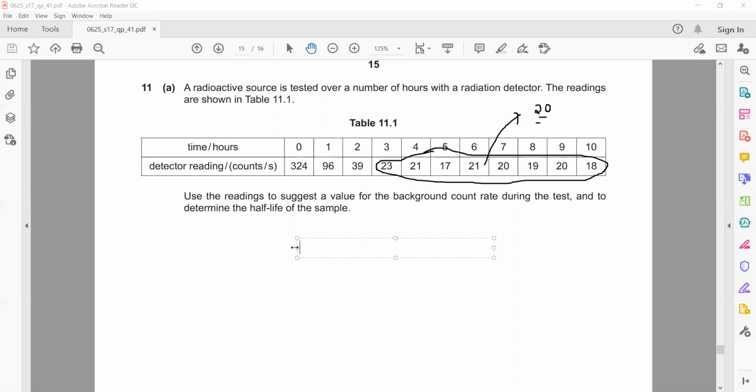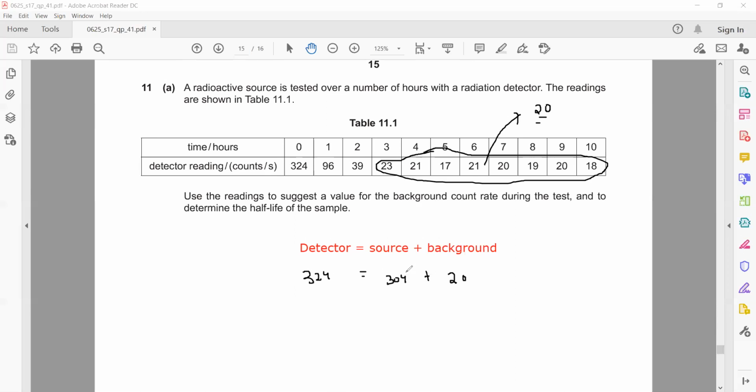So the reading on the detector is equal to source plus the background. The reading on the detector is 324. The background radiation is 20. So the source radiation should be 304.